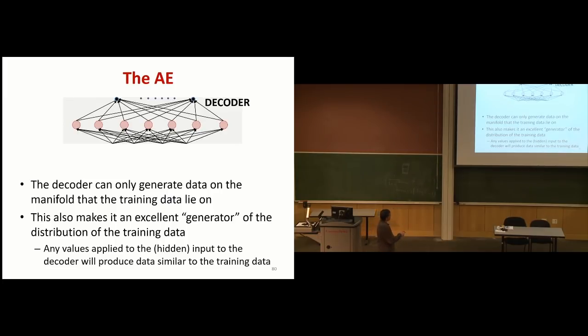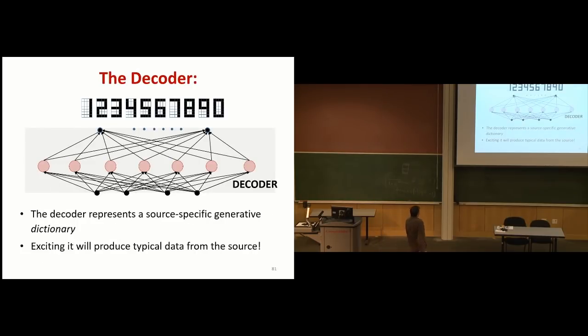Once I train this and I give you this decoder, and I give you any value for this latent layer, whatever it produces is going to be within the manifold of the training data that it has seen. So what this means is that the decoder is a source-specific generative dictionary. I can just take this decoder portion of the network, and regardless of what value I give it, what it produces is going to be something that looks like it could belong to the distribution of the source.